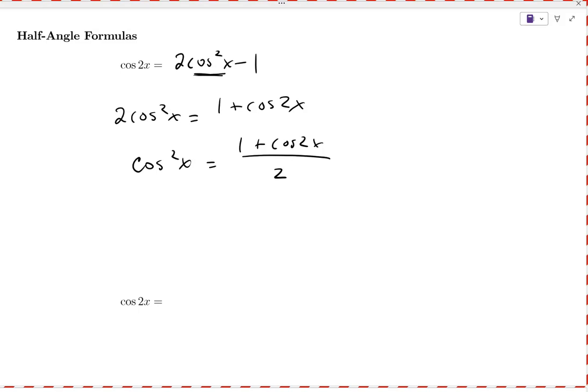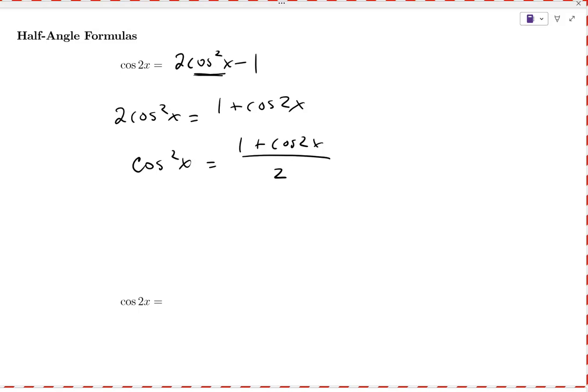Before I go on and do a little bit more with this particular equation, I do want to stop here. And this is an important form of the double angle identity. We just rearranged the double angle identity for cosine a little bit.